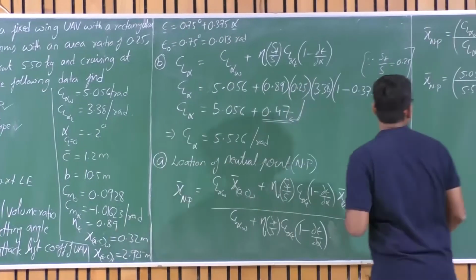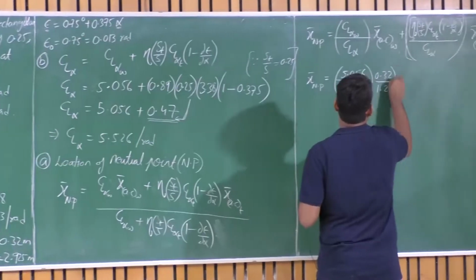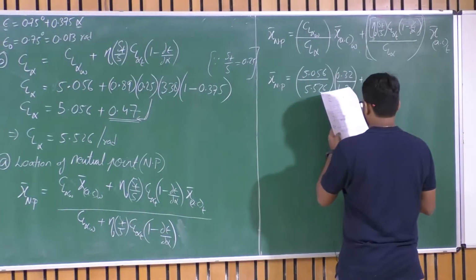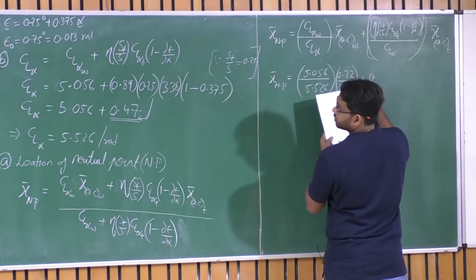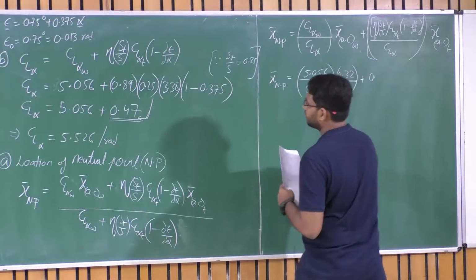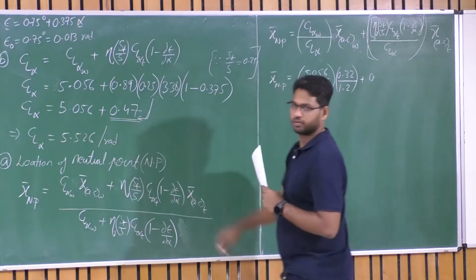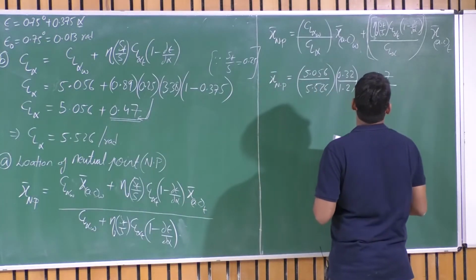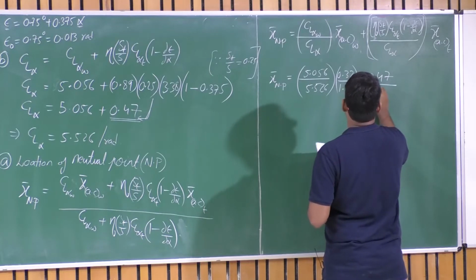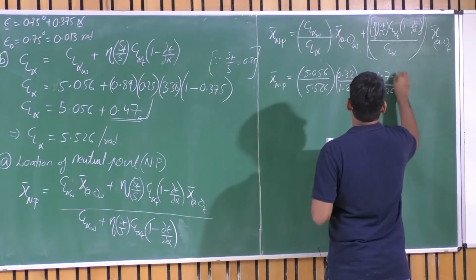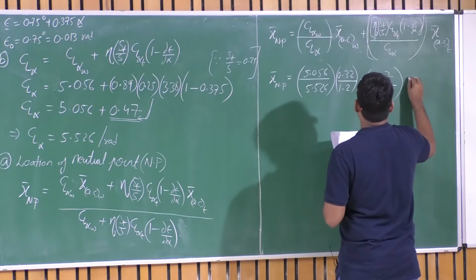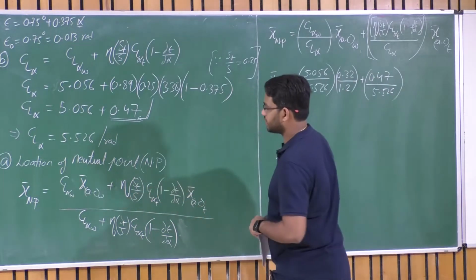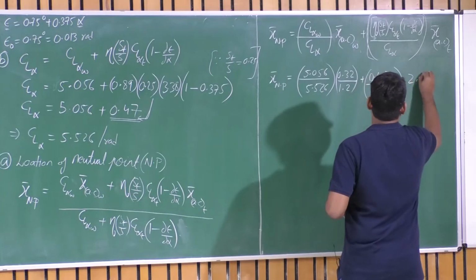Plus 0.47 upon CL alpha 5.526, multiplied by x bar AC of the tail, which is given by 2.925 meters upon 1.2 meters.